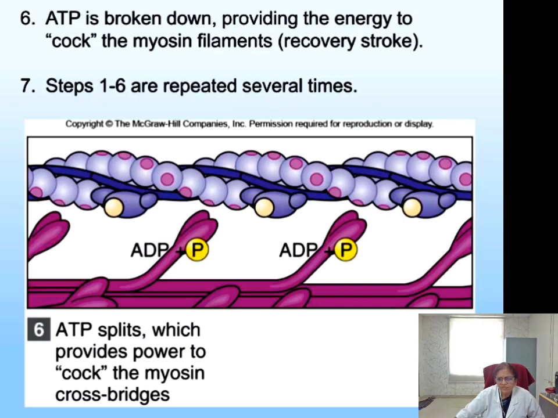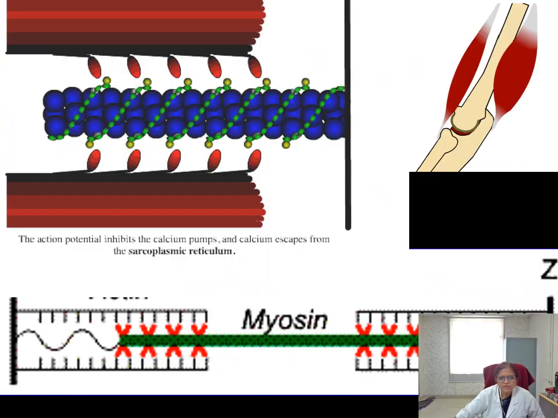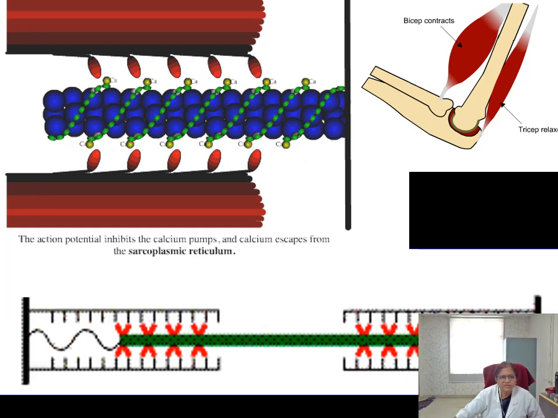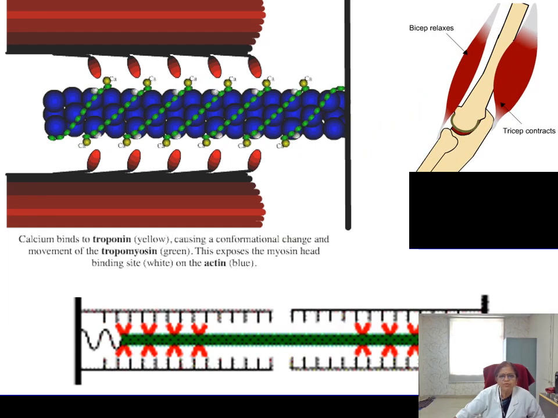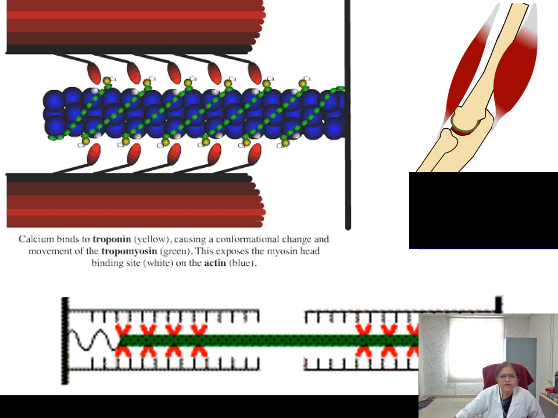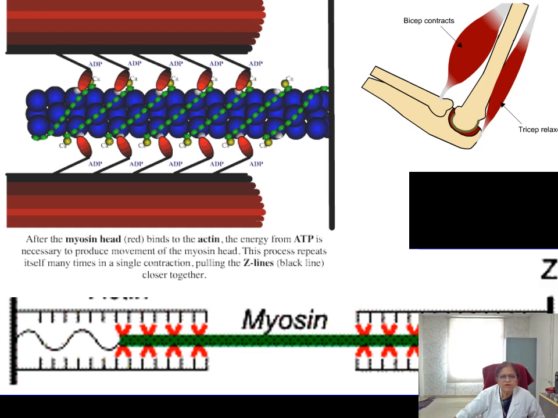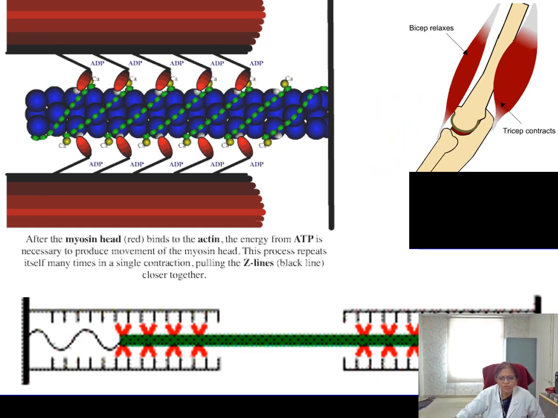So these are the different steps shown here. This is the cross bridge cycle followed by relaxation. There is a small animation to show you how calcium attaches to troponin, moving away the tropomyosin and exposing the binding sites of myosin, cross bridge formation, and this bending is called the power stroke.